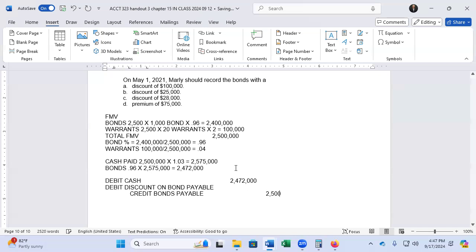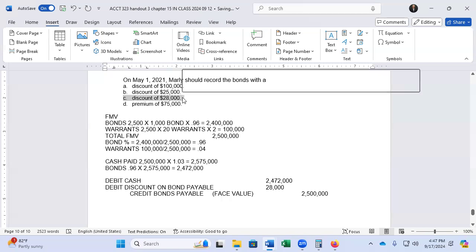And that's 2.5 million. That's the face value, right? And so the difference is 28,000. And so you have a discount of 28,000, excuse me.